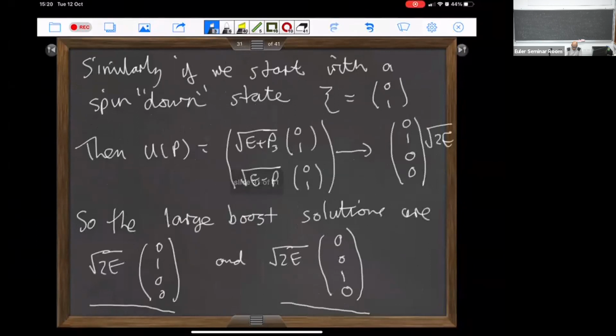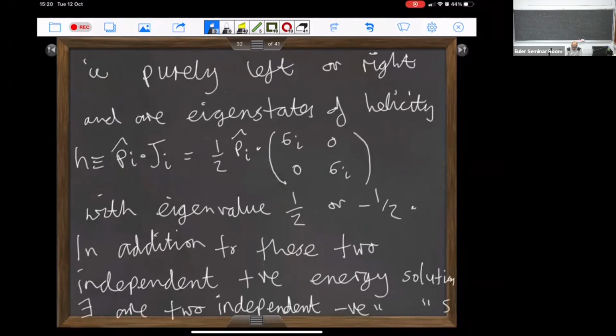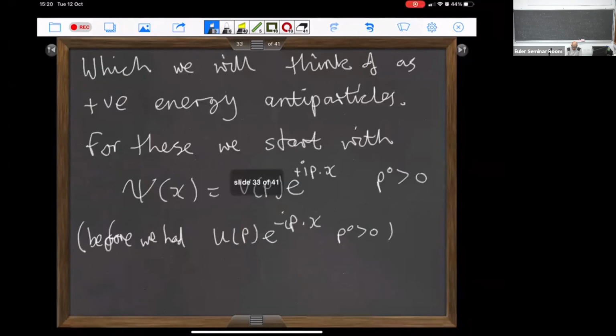Then we ended up with these two independent solutions, but there are also two independent solutions with e to the plus i p dot x. Those correspond to the positive energy antiparticle solutions. And again, the same steps that we did will give you two sets of such solutions.